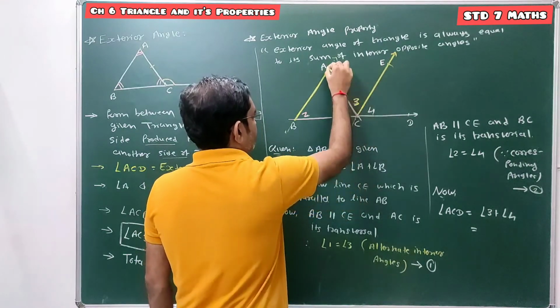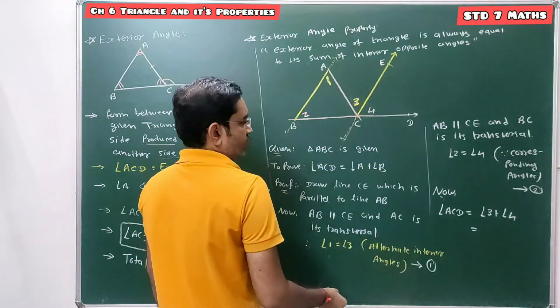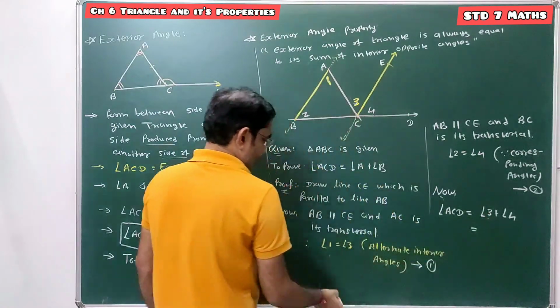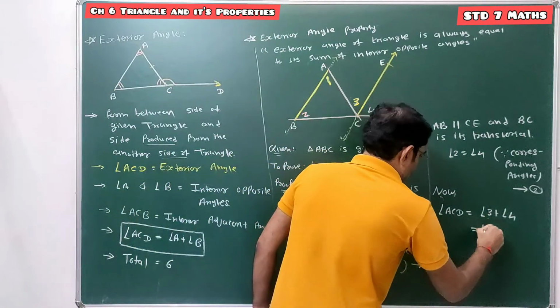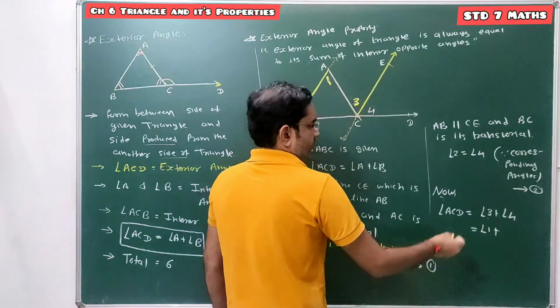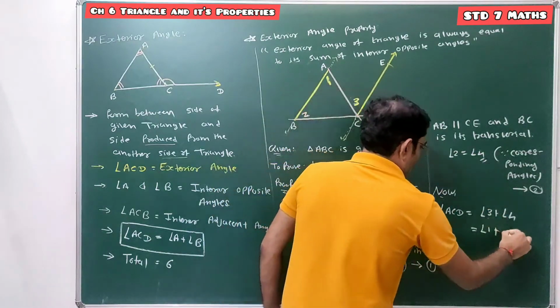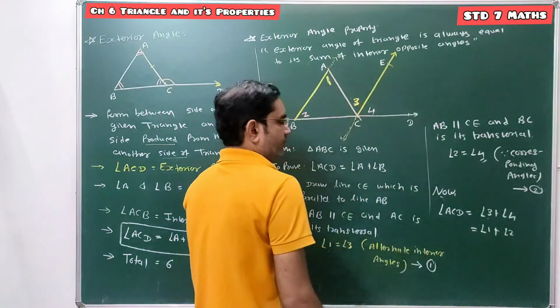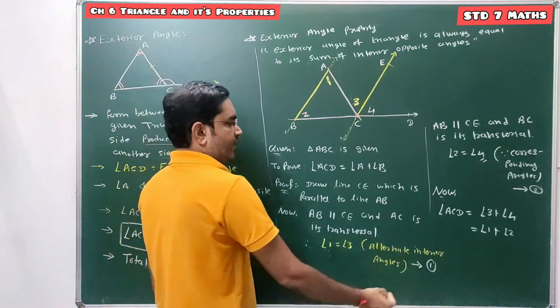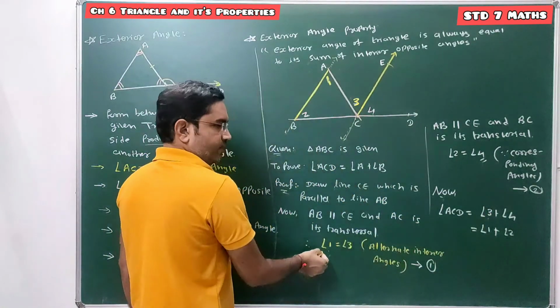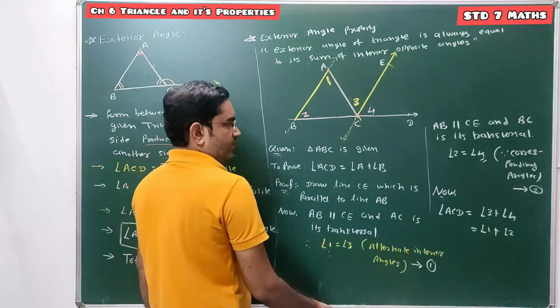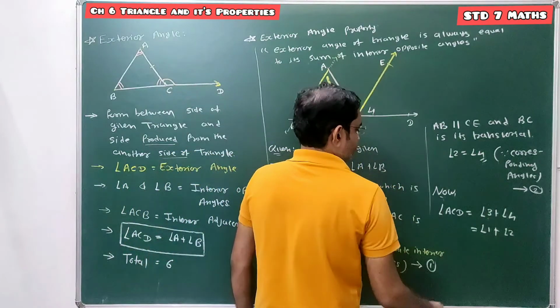So the sum of these two angles is nothing but angle ACD. Now we can replace angle 3 with angle 1 from result 1, plus replace angle 4 with angle 2 from result 2.